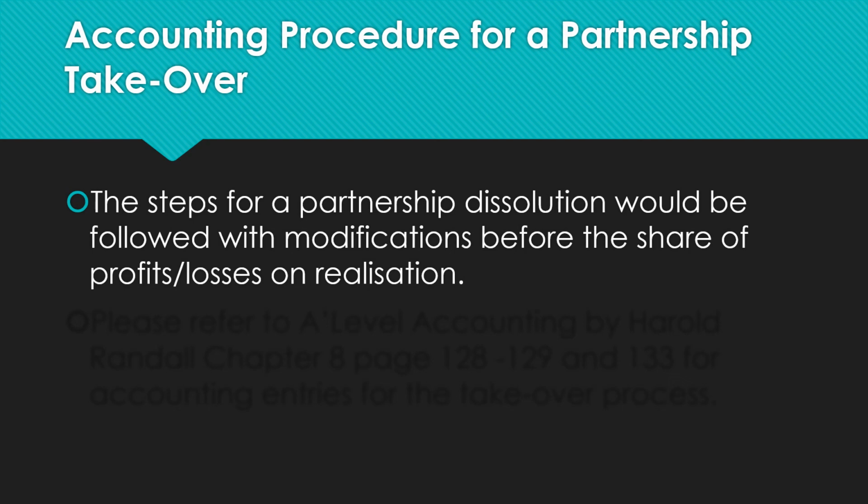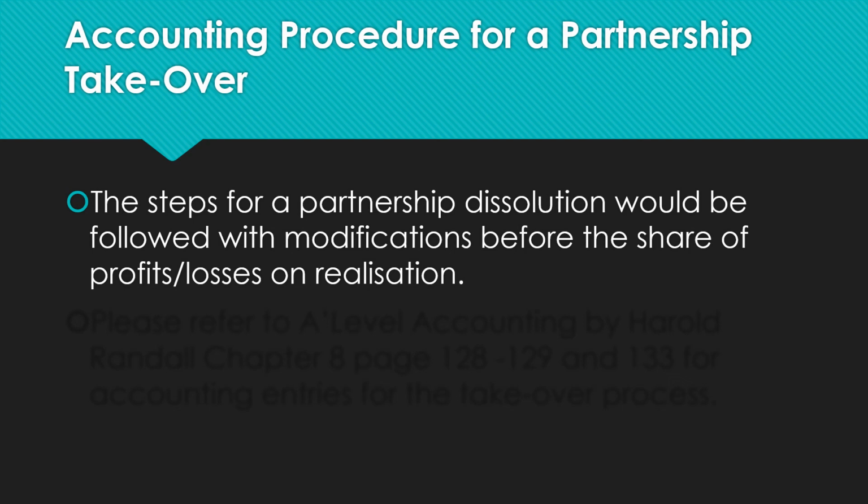You have to record in the partner's capital account that vehicle that the partner took at the $10,000. Do not look back at what its book value was, what its cost was. You just look at the value that he or she is taking it at and record it at that value. So to record assets taken by the partners, you will debit the partner's capital account and credit the realization account.